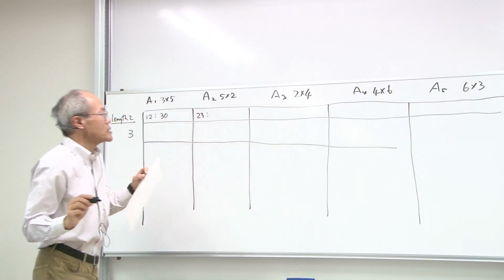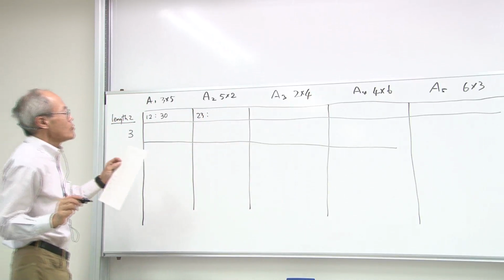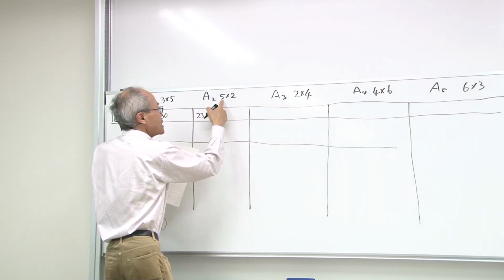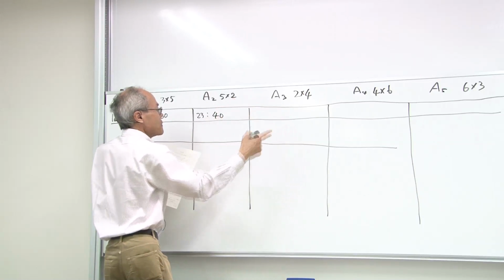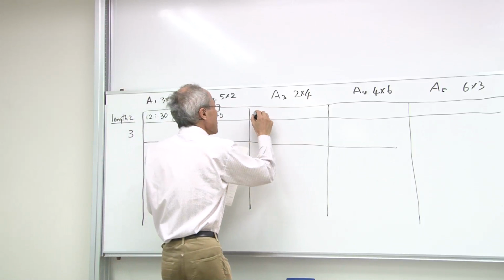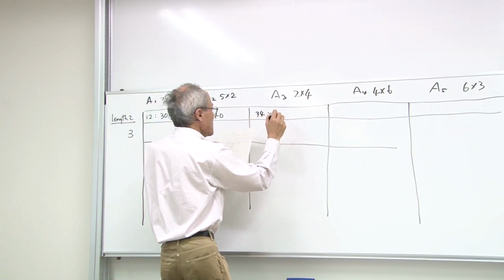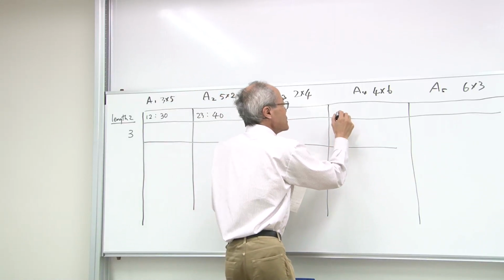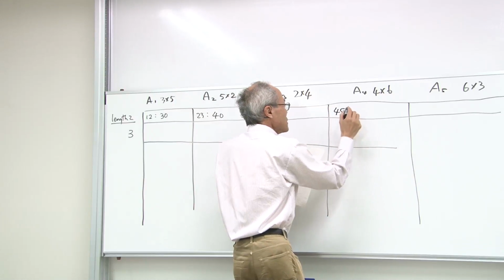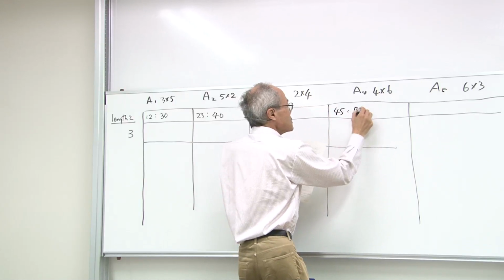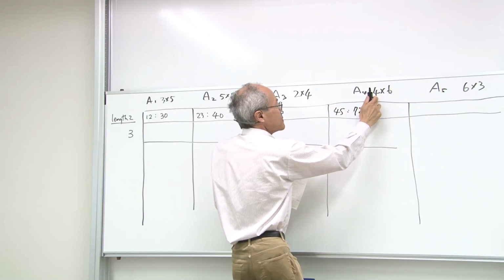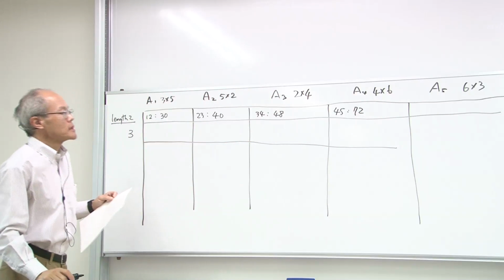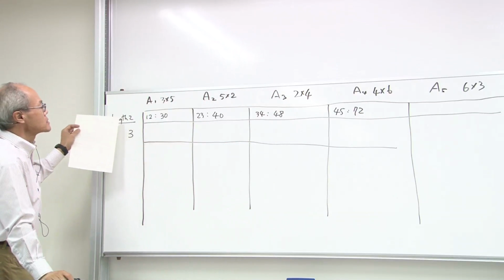In order to multiply A2 and A3, we need 40 operations, 5 times 2 times 4. For 3, 4, we need 48. And for 4, 5, we need 72, 4 times 6 times 3. Okay? So we're done with length 2.